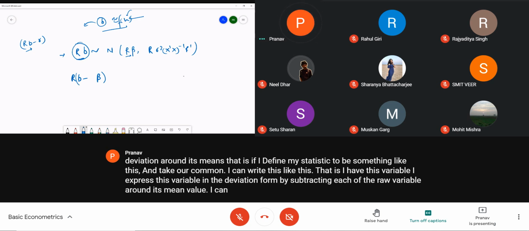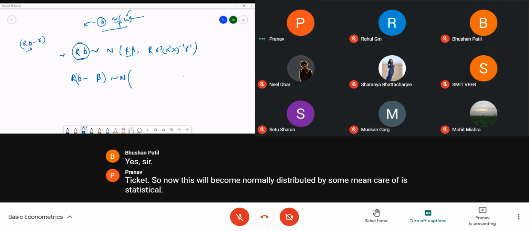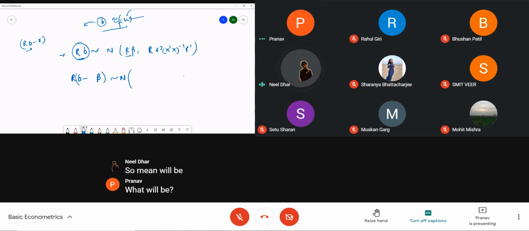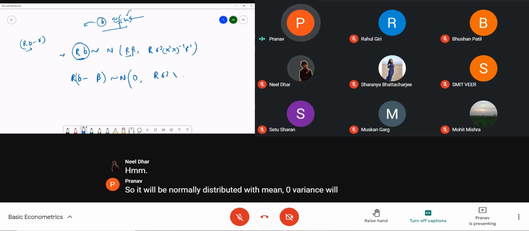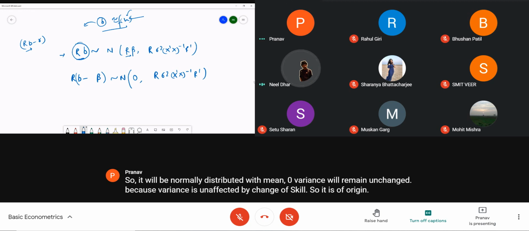I can write it in this form. Okay? So now this will become normally distributed, and what will be the mean of this statistic? The mean will be R beta minus R beta, which is 0. So it will be normally distributed with mean 0. The variance will remain unchanged because variance is unaffected by a change of origin. Correct?